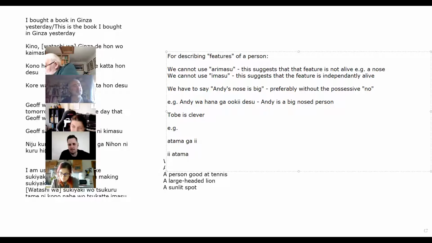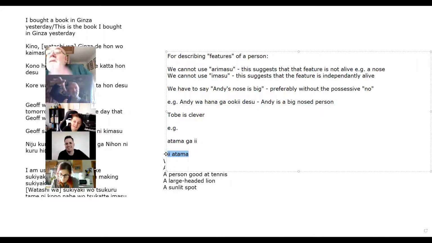Now, I heard Wayne saying I atama. This is problematic because how do we put this into the sentence? It becomes difficult because you'd have to say I atama ga arimasu. Toby has a good head. We can't really put it in that because your head is part of you. You can't use arimasu. It sounds like you're carrying somebody else's dead head around with you.